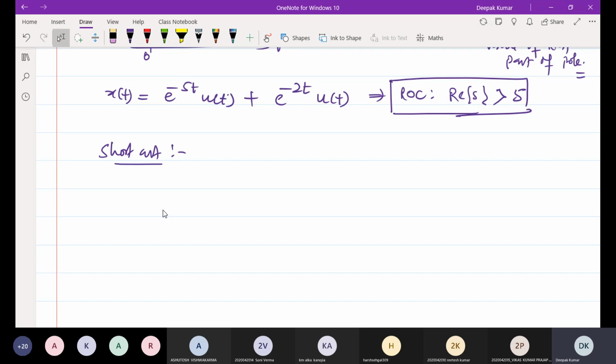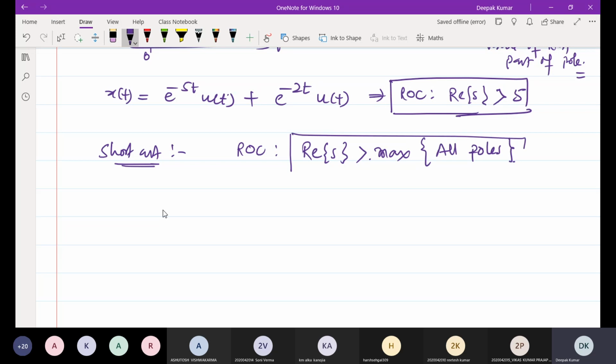To find the region of convergence, the shortcut is: ROC will be real part of s greater than or equal to the pole, or the maximum of all poles. If you find more than one pole, then the region of convergence will be to the right side of the maximum value of the pole, the maximum or largest location of the pole.